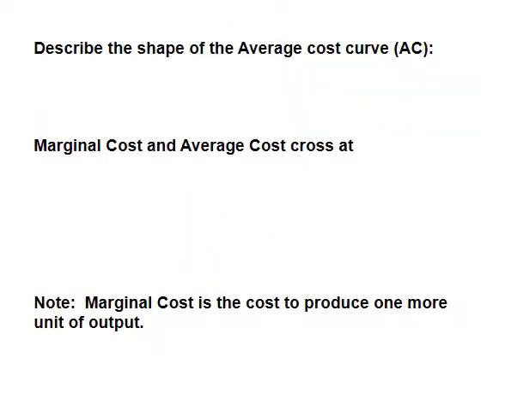So just a quick review to make sure that you remember what we've done. The shape of the average cost curve is basically a U or a parabola. Actually, this should perhaps be a little bit more on an angle, not straight up and down on either side.